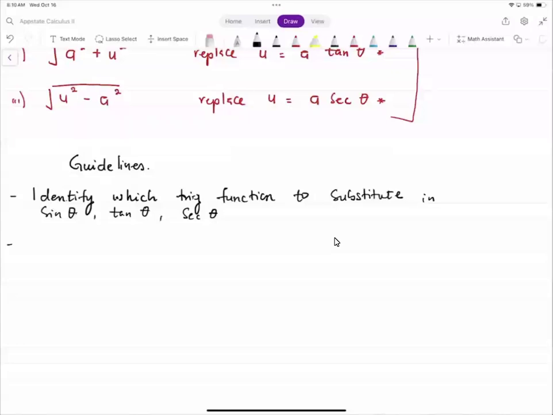The other one is that we need to rewrite the integral in terms of theta.